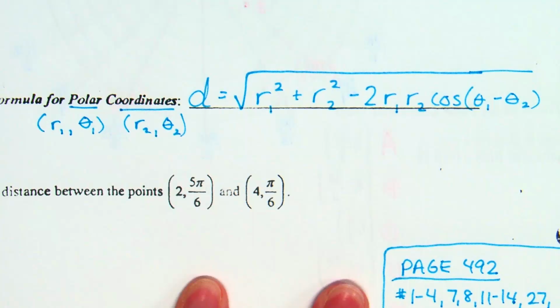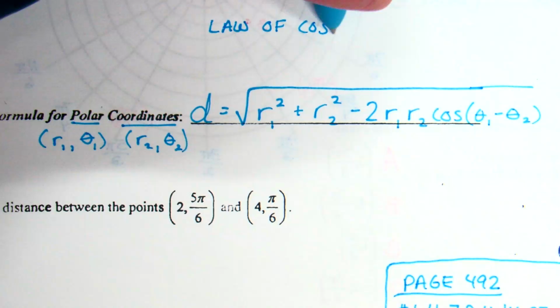I know you guys are used to seeing law of cosines in terms of ABCs, but the law of cosines would be d squared equals r1 squared plus r2 squared minus 2 r1 r2 cosine of theta 1 minus theta 2.